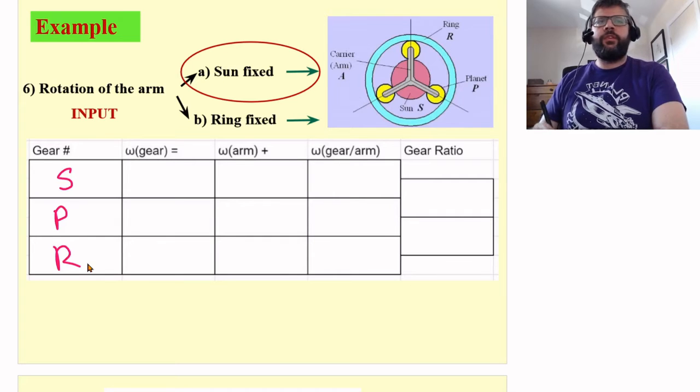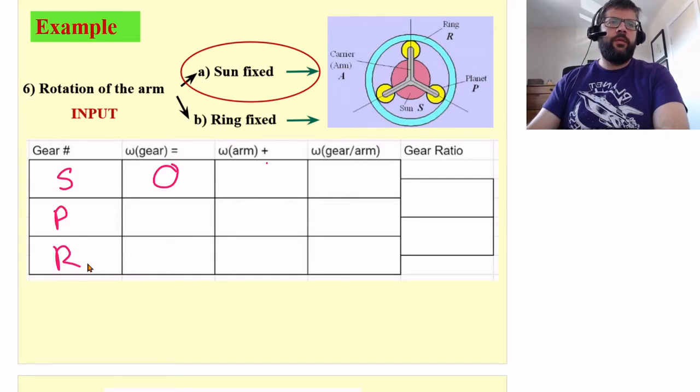So the rotational speed of the sun is 0, and the rotational speed of the arm is going to be our input, so omega in.